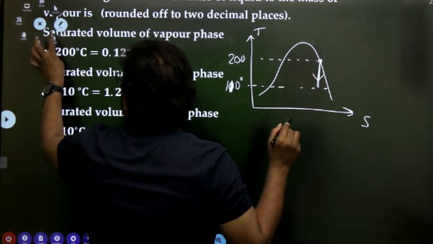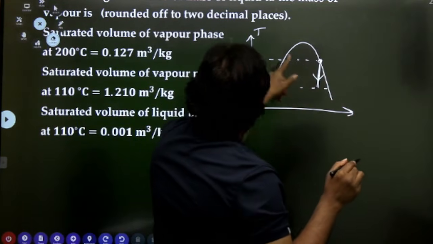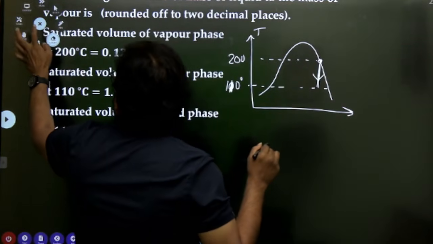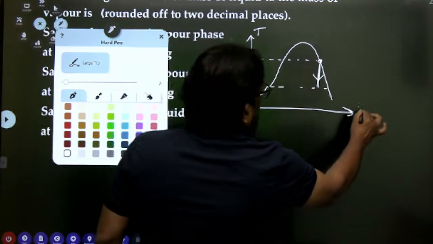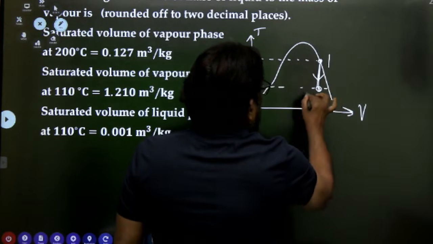I'll remove it. Let me take TV. What difference does it make?